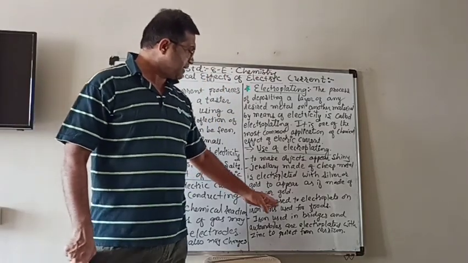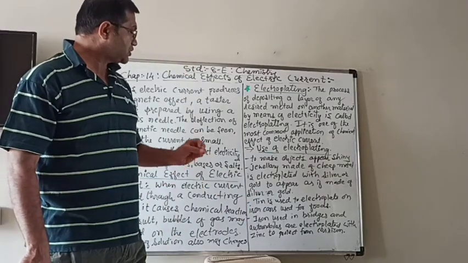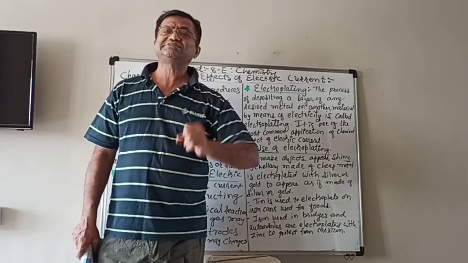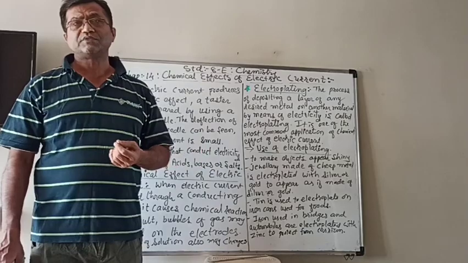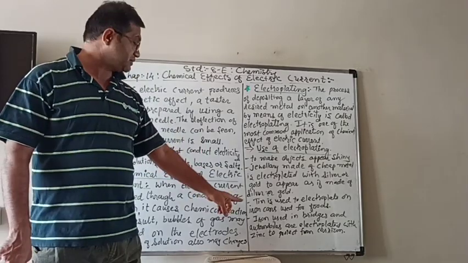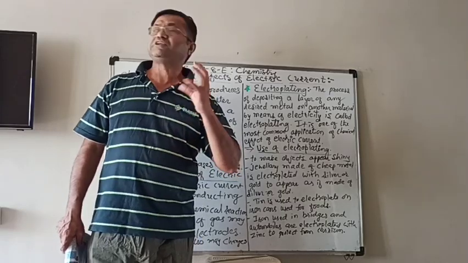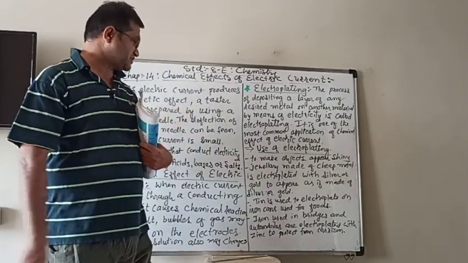Then tin is used to electroplate on iron cans used for food. To store food, the tins are there. They are made of iron, but on that also a layer of tin metal is used so that it does not get corroded, because it cannot get rusted.